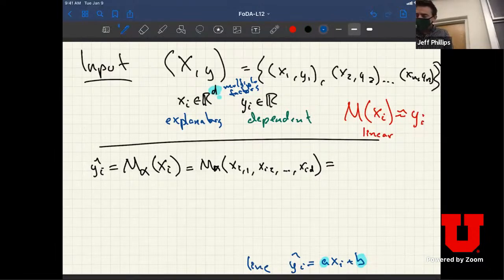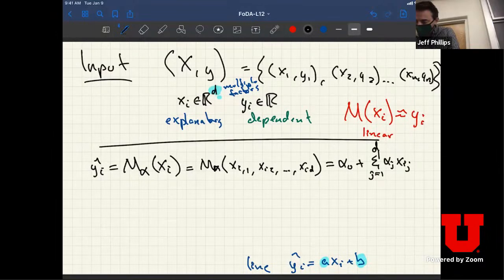I have more input variables to deal with. So I'm going to write this as alpha 0 plus the sum j equals 1 to d of alpha j times xij.